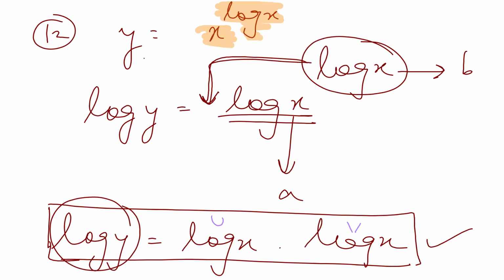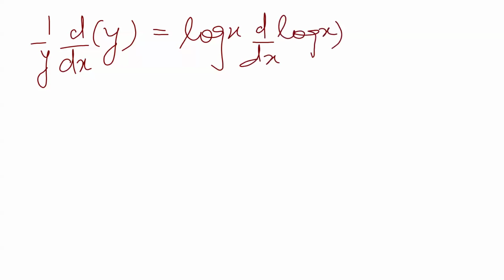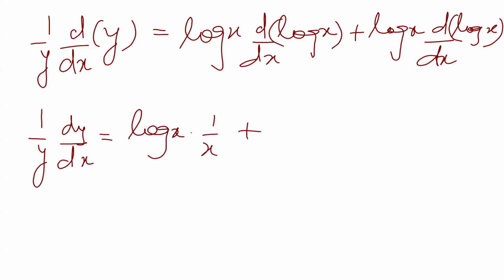If you're doing log x the whole square, then the x raised to n formula will come. Otherwise, do the u v rule. So log x into derivative of v, plus v into derivative of u. So 1 upon y dy by dx is equal to log x into 1 upon x plus log x into 1 upon x.